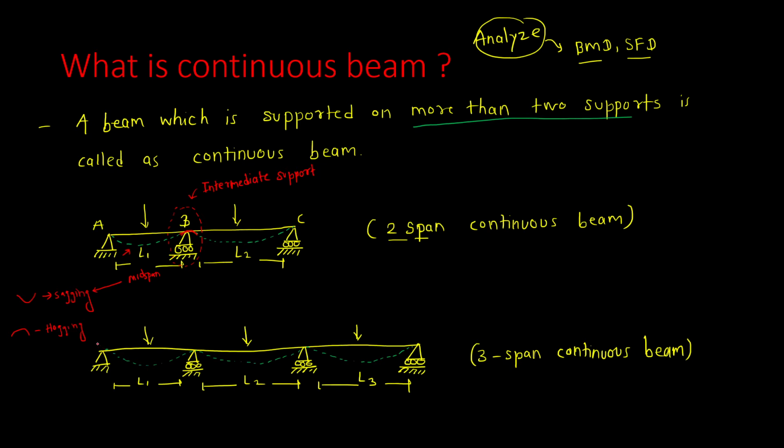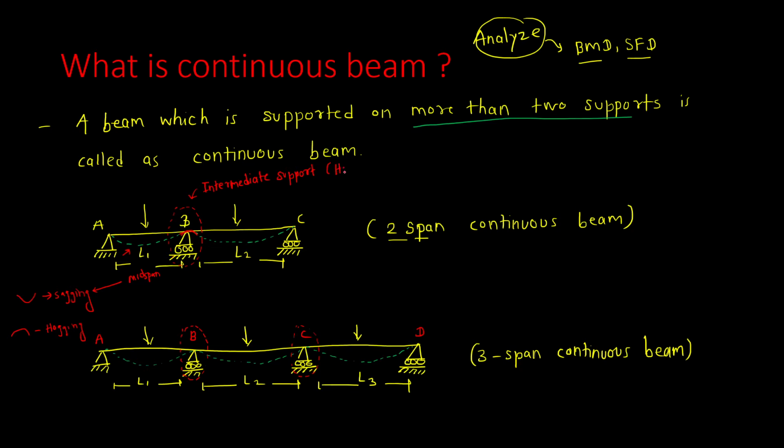Similarly, in the 3-span continuous beam, A, B, C and D, there are a total of 2 intermediate supports. Support B is an intermediate support and support C is also an intermediate support. Now what type of bending moment is present at the intermediate support?